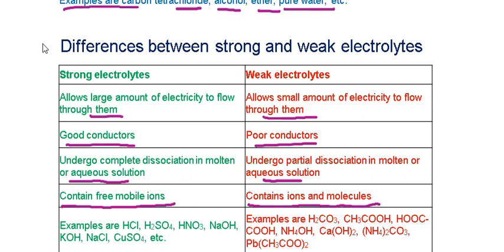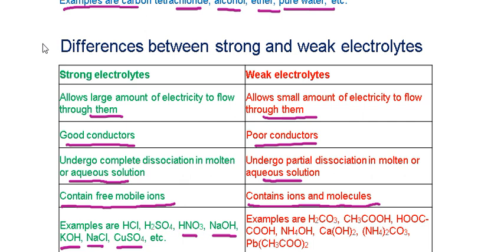For strong electrolytes, you can see here HCl, H2SO4, HNO3, NaOH, KOH, sodium chloride, caustic soda, copper sulfate. Again, HCl, H2SO4, sulfuric acid, ammonia, sodium hydroxide, potassium hydroxide, sodium chloride, copper sulfate.